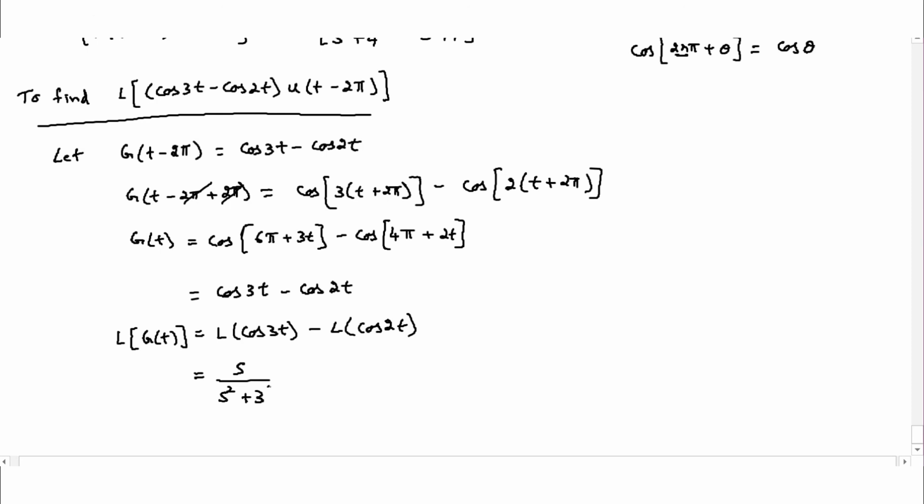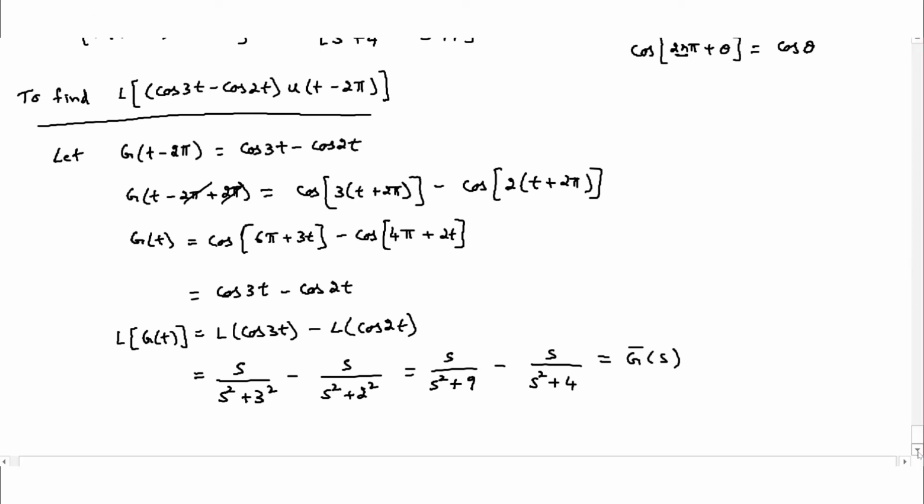Here a value is 3, so 3 square, minus s by s square plus 2 square. Or further, if I rewrite it, s by s square plus 9 minus s by s square plus 4. So this will be nothing but your g bar of s.